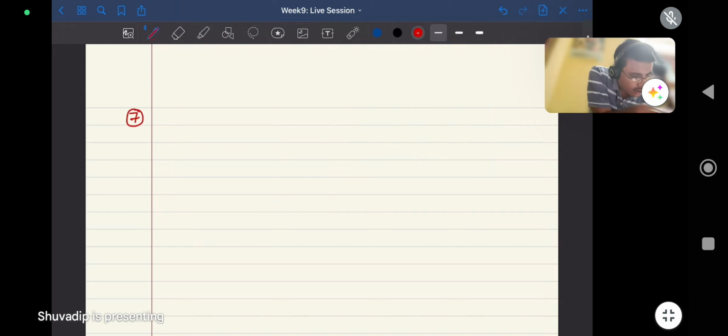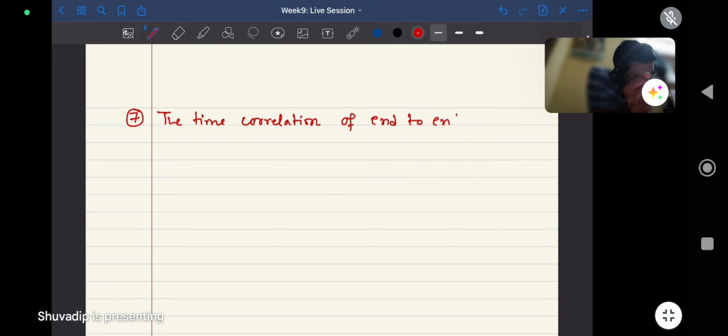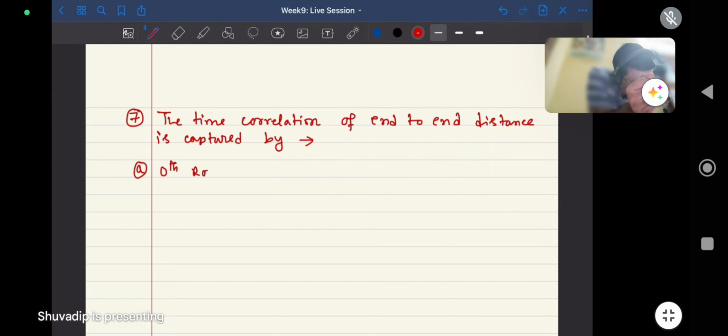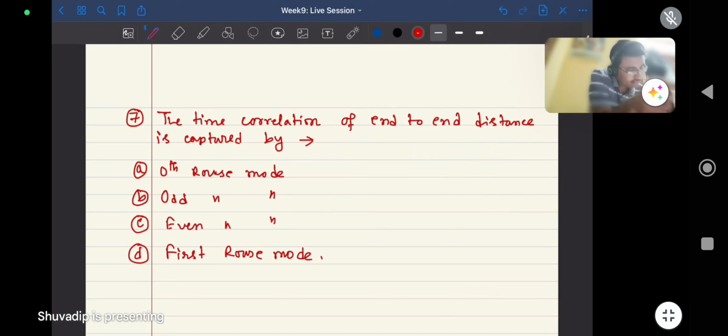The time correlation of end to end distance is captured by: option A, zeroth Rouse mode; option B, odd Rouse modes; C, even Rouse modes; option D, first Rouse mode. So these are the options.